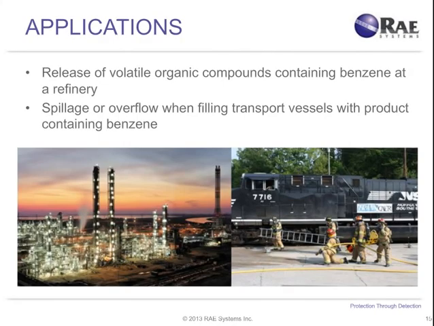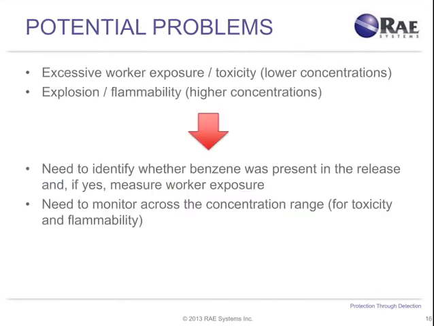So now imagine a situation if there is a major release of VOCs at a facility, or there is an overflow of a transport carrying benzene. And these are the potential problems that can occur in such circumstances. So first of all, you can get your workers an excessive exposure to benzene. And that is not good because benzene is a known carcinogen.